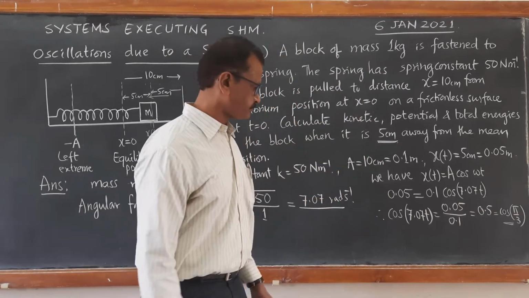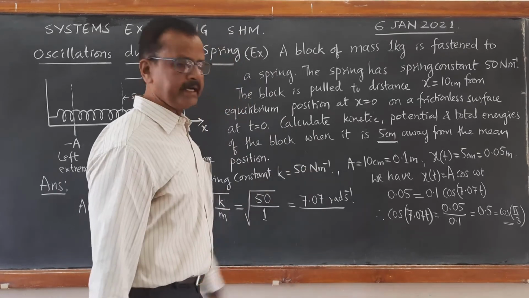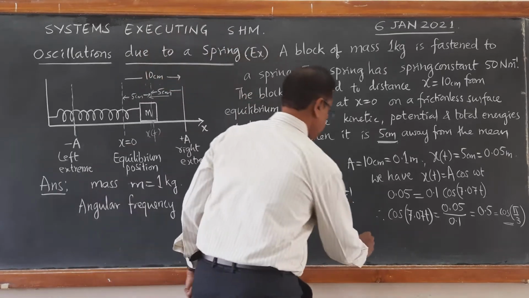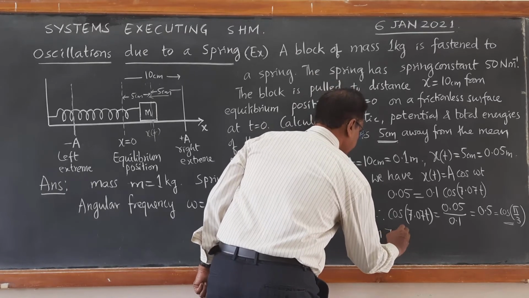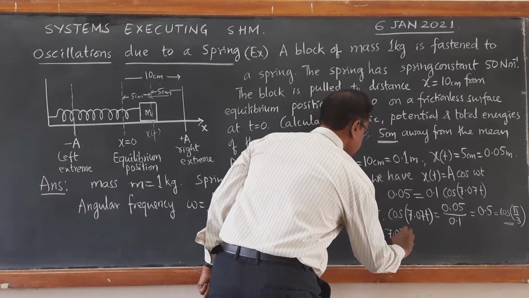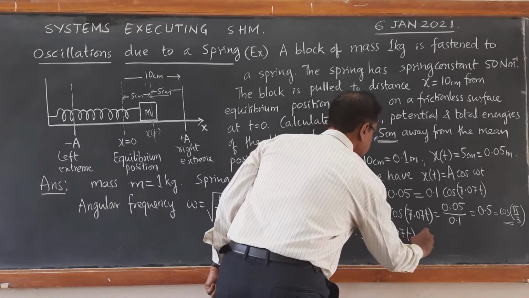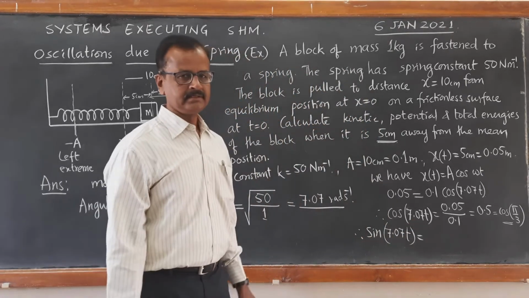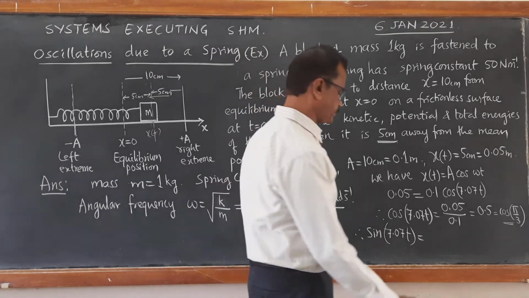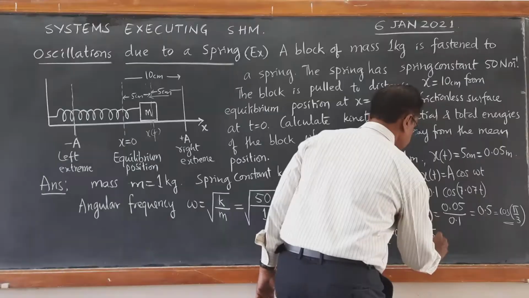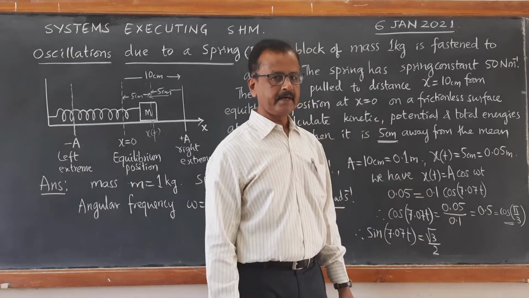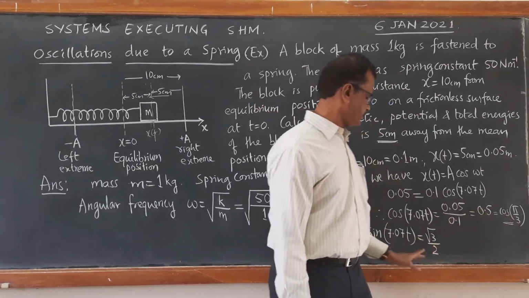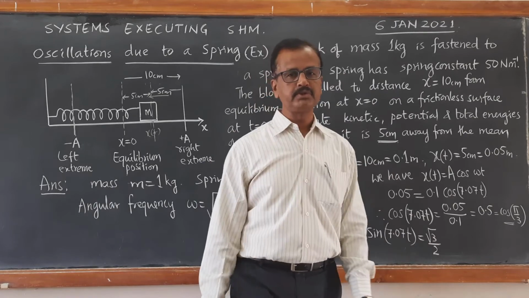Now using this, I can write the value of sine. Therefore sine of 7.07 t is nothing but sine 60. Sine 60 is root 3 by 2. Cos 60 is 0.5, so it implies sine 60 is root 3 by 2.